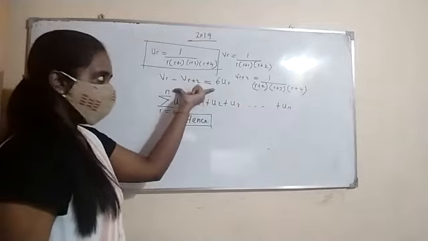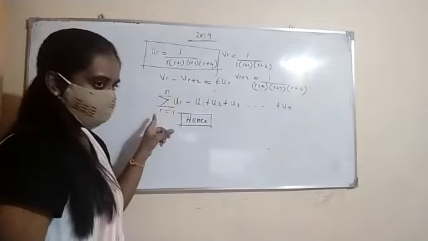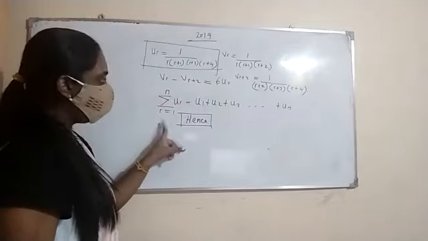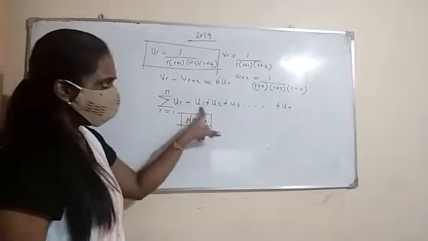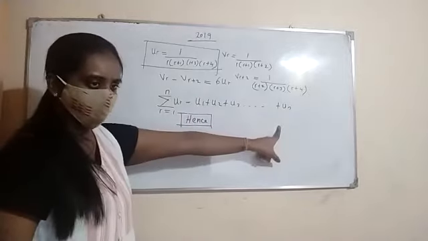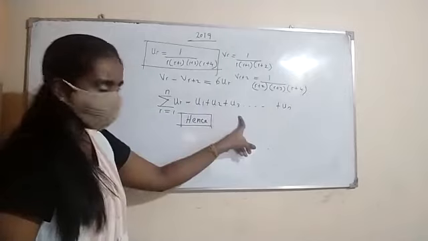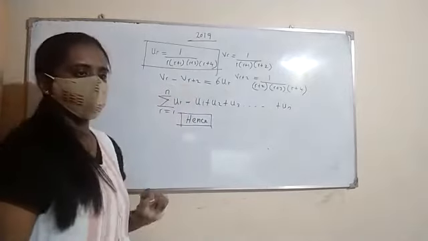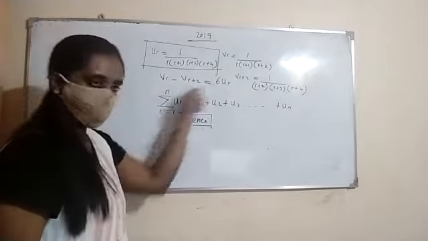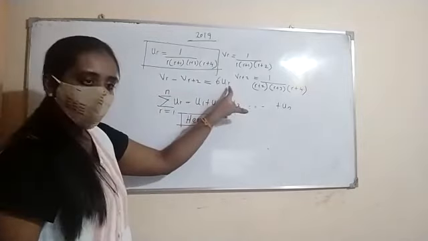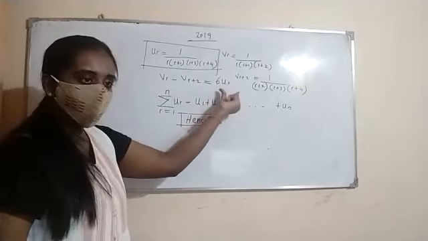Sigma R running from 1 to n UR is U1 plus U2 plus U3 up to UN. We can get U1, U2, U3 using this term also. If I put R equal to 1, I am getting U1.